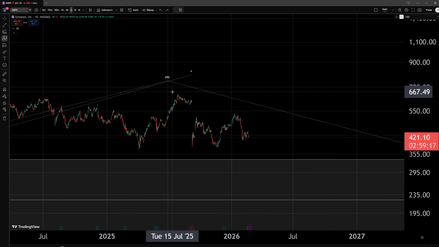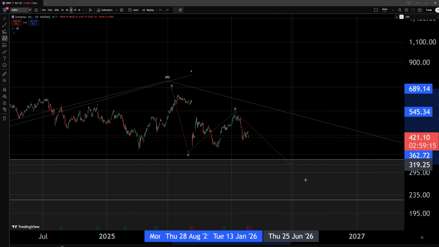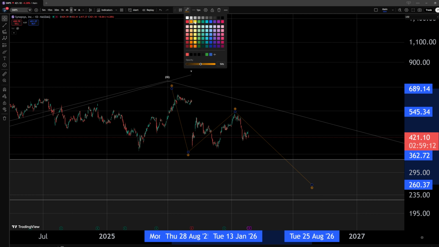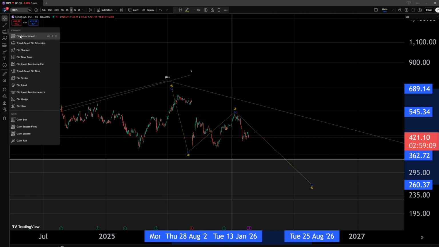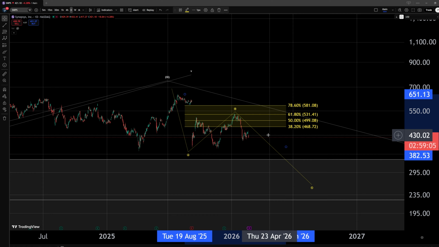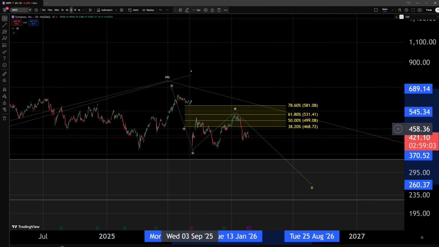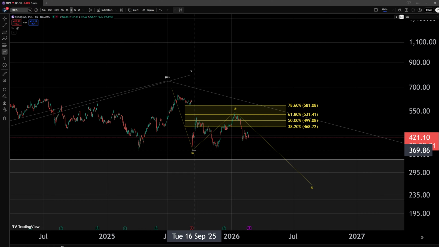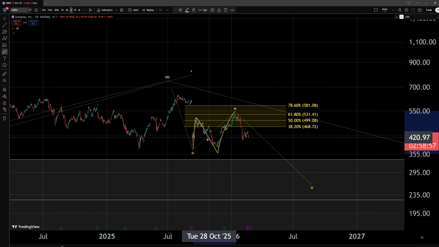Now, here we are looking for an ABC pattern that could very easily still take us to lower prices, and individually I have been tracking an area of resistance for this wave B correction, where in this wave B I'm considering an expanded flat correction in an ABC pattern, or potentially even a WXY.